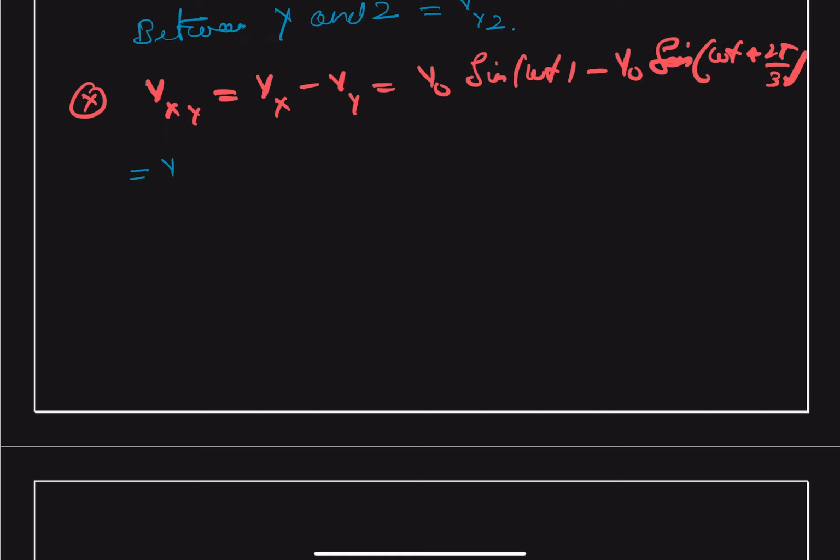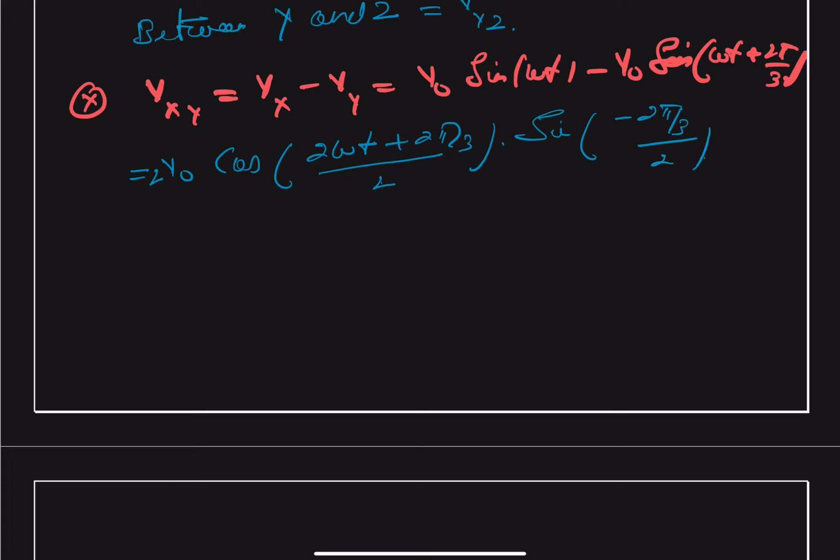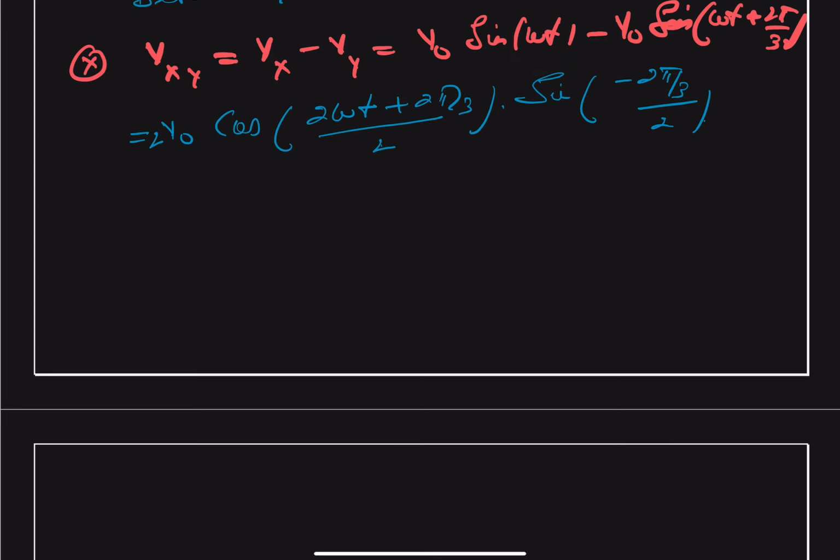So this will be equal to 2 V0 cos((2 omega t plus 2 pi by 3) divided by 2) multiplied by sin((minus 2 pi by 3) divided by 2). And we know that sin of minus x is nothing but minus sin x.